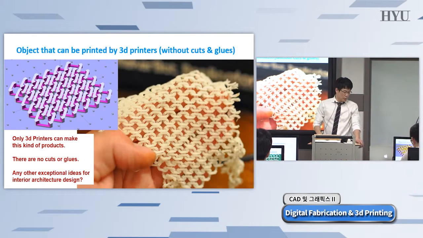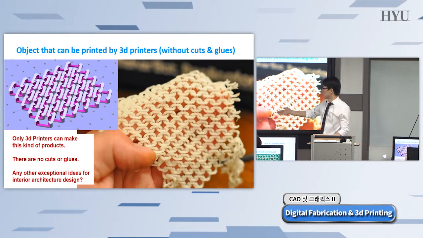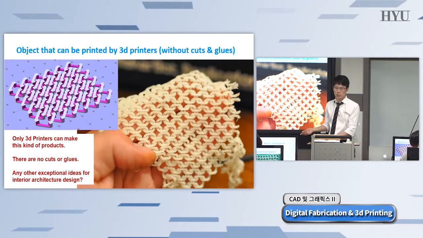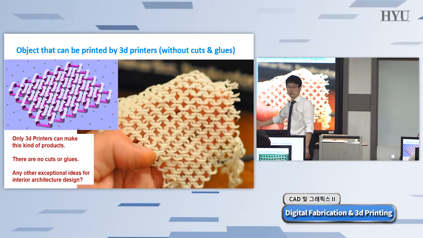Any other exceptional ideas for interior design, interior architecture? This is the global question for each domain, okay? Our domain is not motor vehicles, okay? Someone in charge of designing and making motor vehicles, their major concern for 3D printers is something similar to this one.